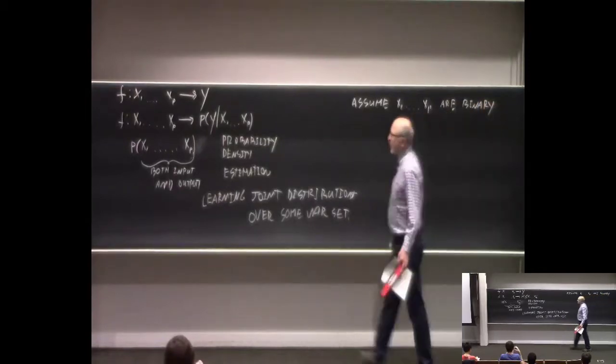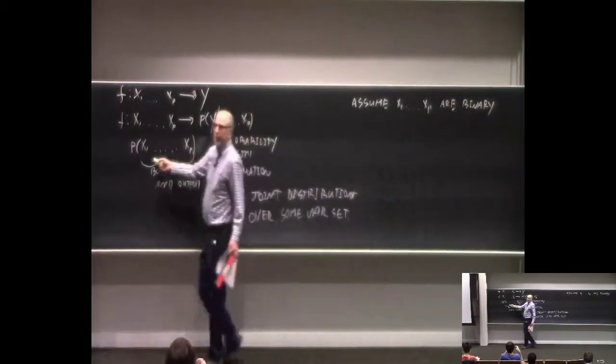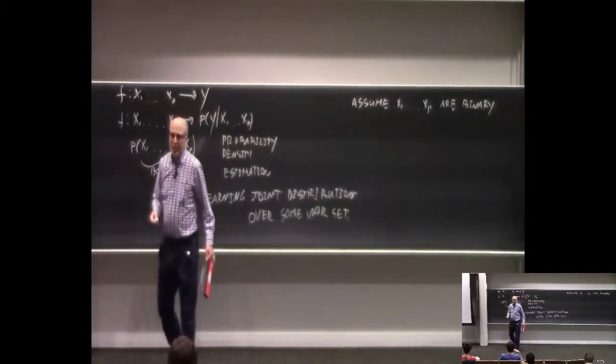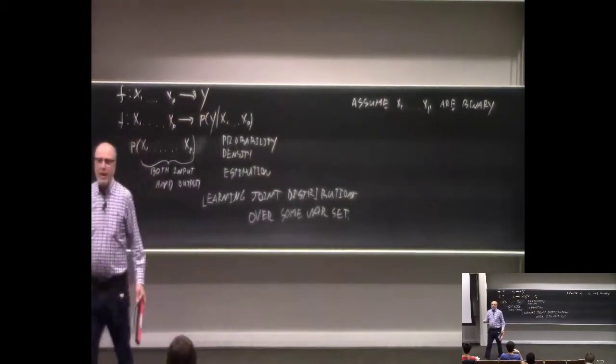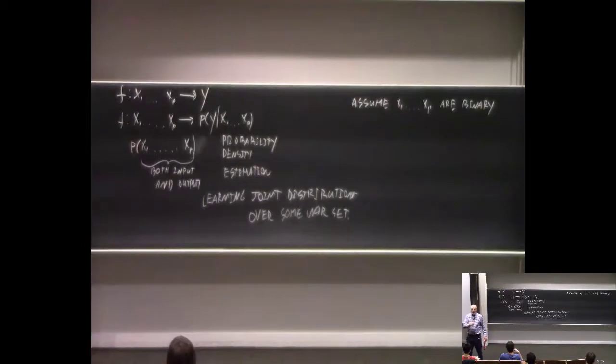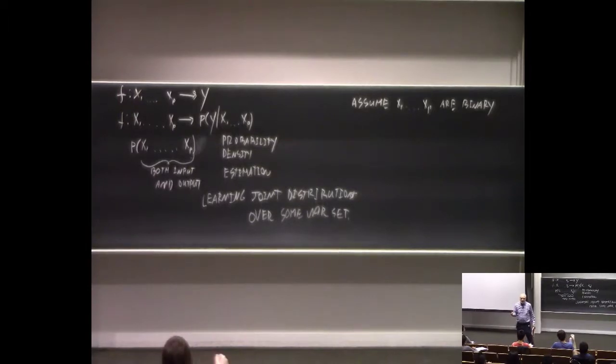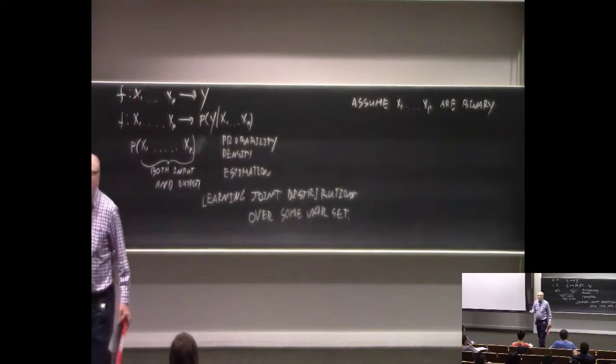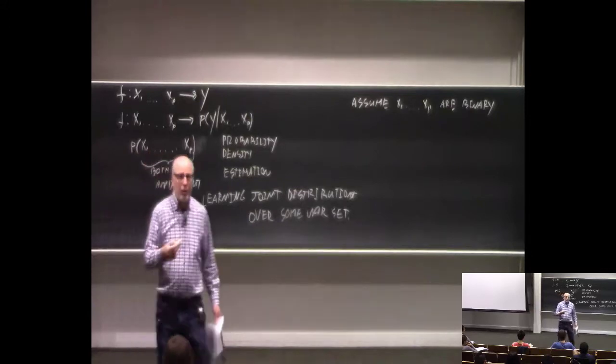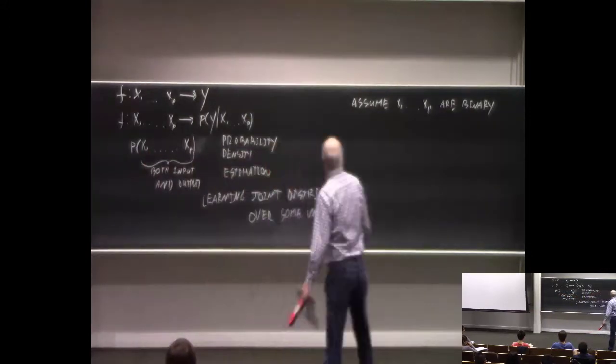How many parameters will I need to specify this fully? Every combination of values has its own probability. That would be 2 to the p. And then they have to sum to 1. So the number of free parameters, or the number of degrees of freedom, is 2 to the p minus 1.